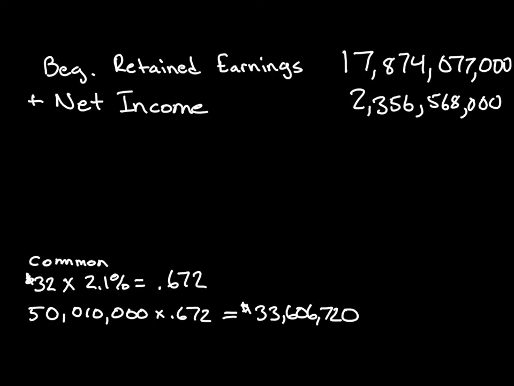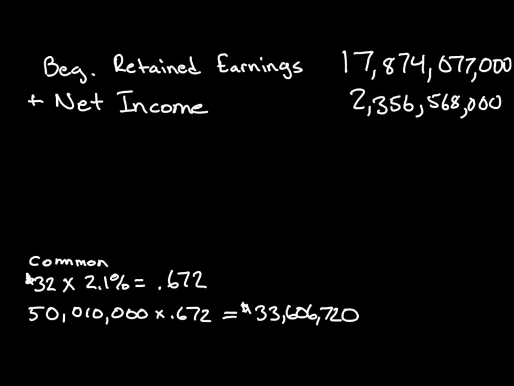Now the preferred, if you look up here, it says the preferred stock has $1 par value, 7% cumulative, 100 million shares authorized, 50 million shares were outstanding. So 50 million shares is what we're paying the dividend on. They have a 7% cumulative. But the question really becomes, how much is that yield?